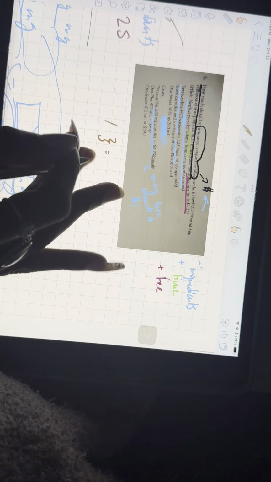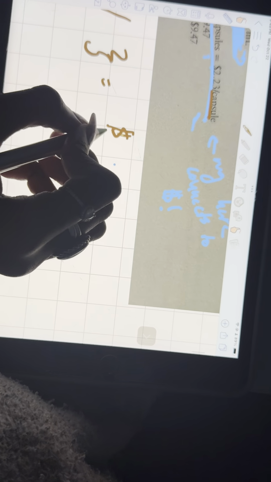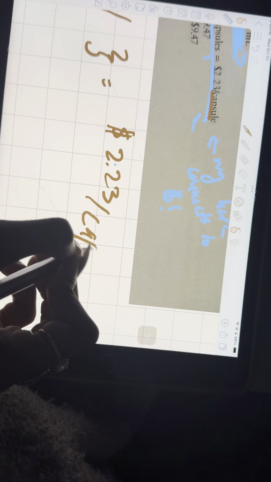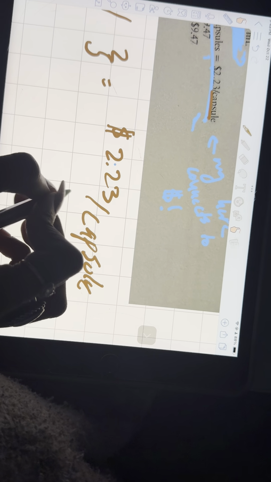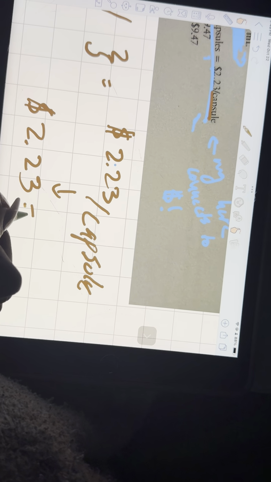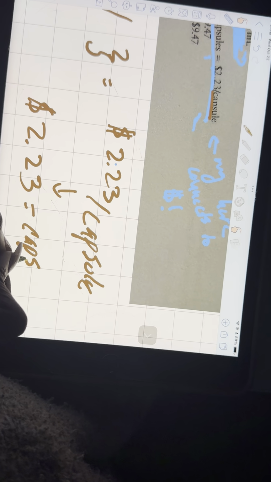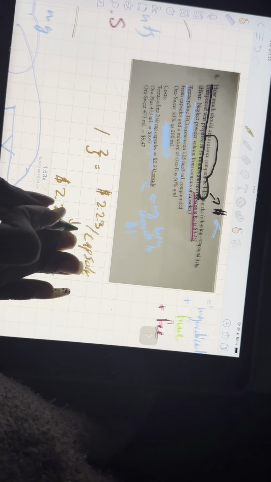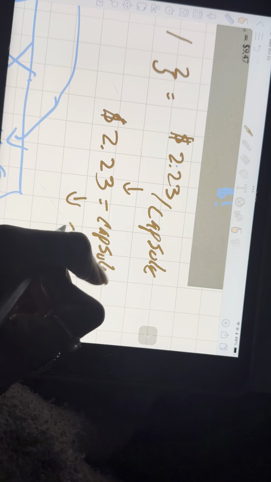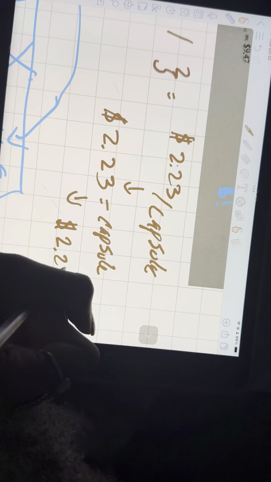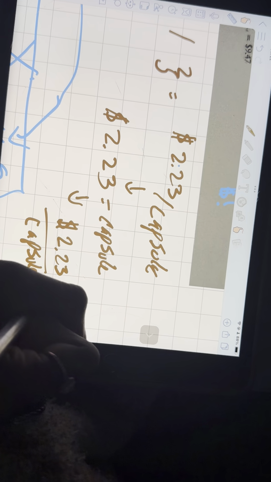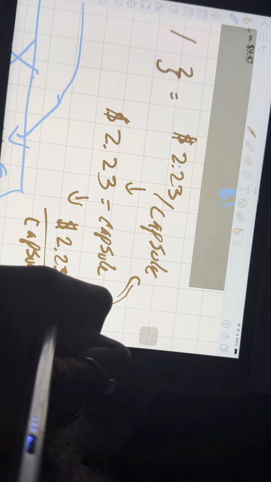So $2.23 per capsule is the same thing as $2.23 equals a capsule.